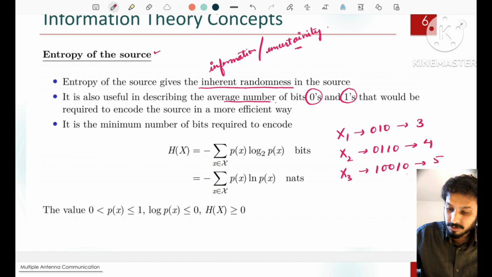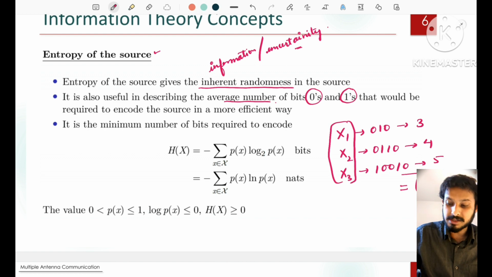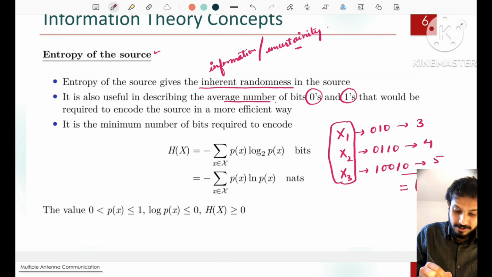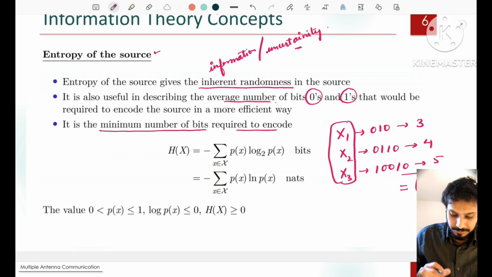If we compute the average, we will get 4 bits. So entropy tells us that on average we require 4 bits to encode the source or the data symbols x1, x2, x3. And it also gives us the minimum number of bits that are required to encode the source.